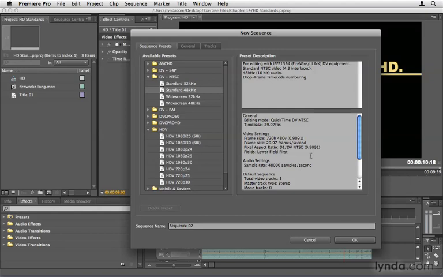Now, one of the things that's good to pay attention to with all these crazy numbers is that these are the number of vertical lines. And so we have 480 vertical lines, and so SD is now referred to as 480i, and the i refers to interlaced frames, p refers to progressive frames. So 480i is SD, 480p is EDTV, as mentioned.